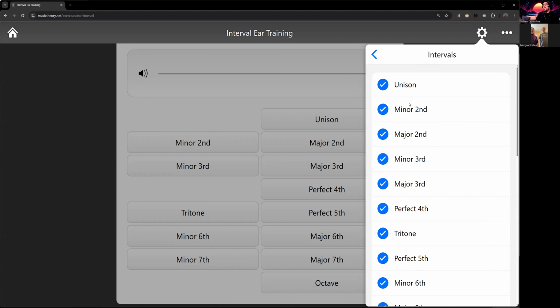So maybe deselect all of them except for minor third, major third, perfect fourth, and perfect fifth. I usually find that doing three, even though I've got four here, is good, and then once you've got them pretty good, just add one more.